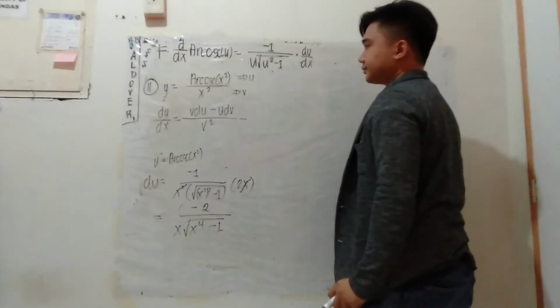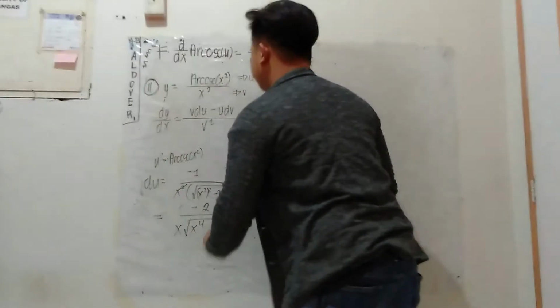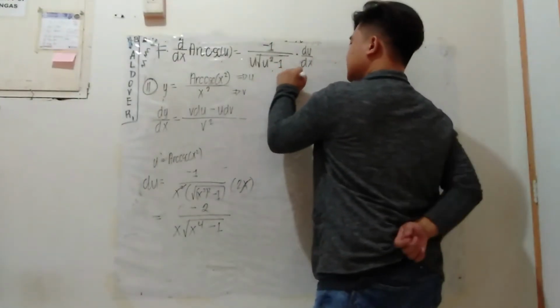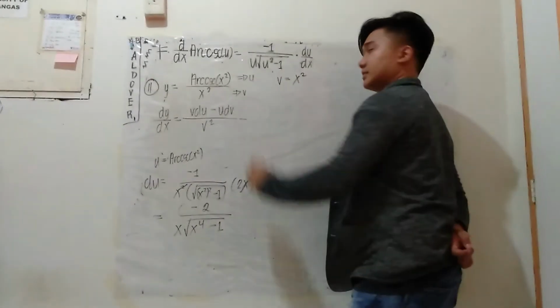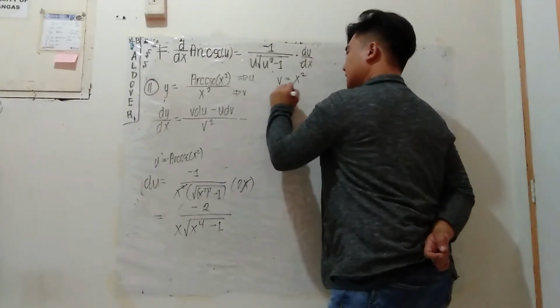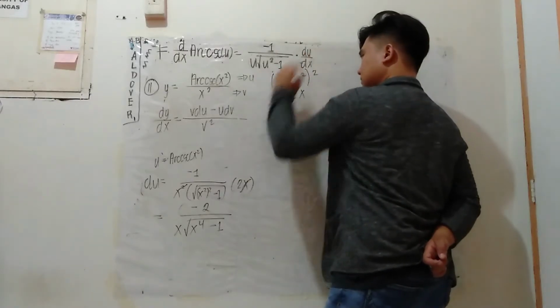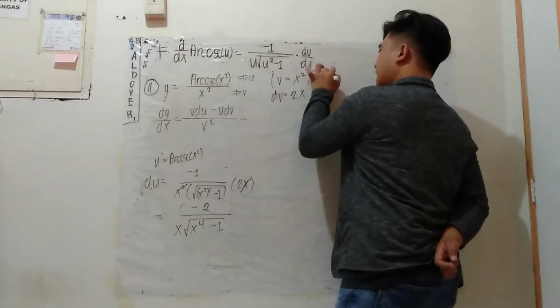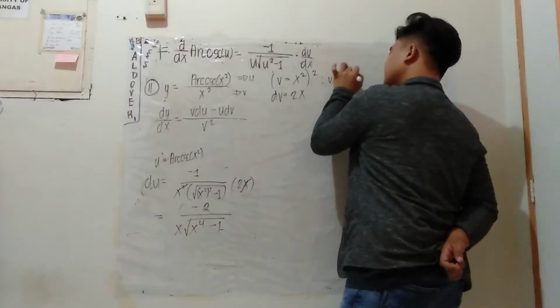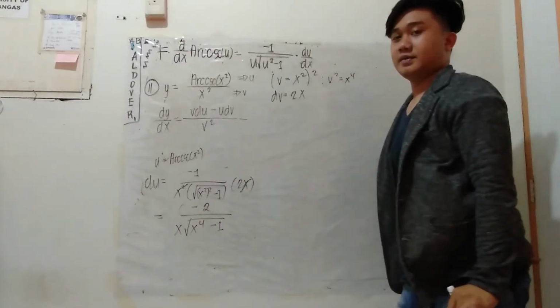And then, my v is x squared. dv is 2x, so I get v squared as x raised to 4. Okay?